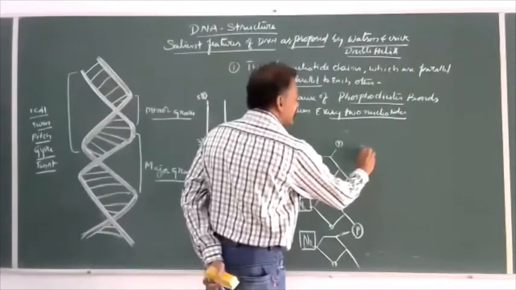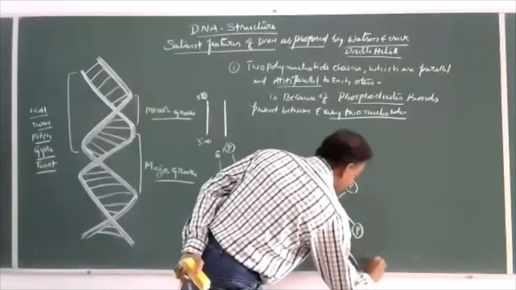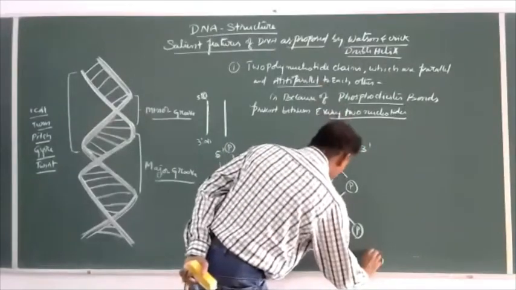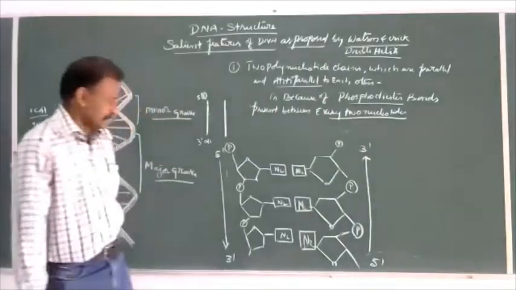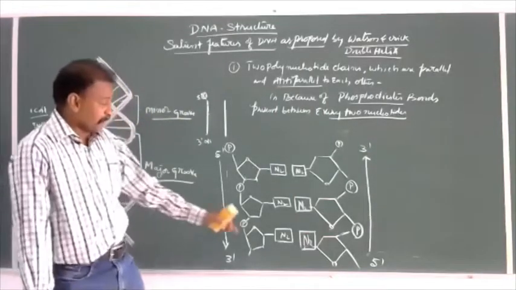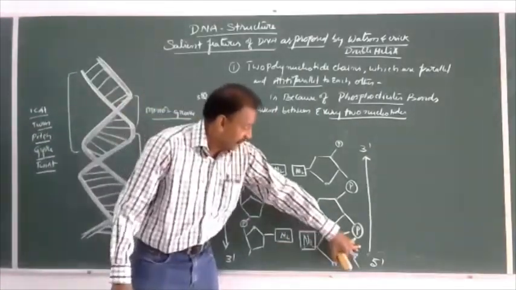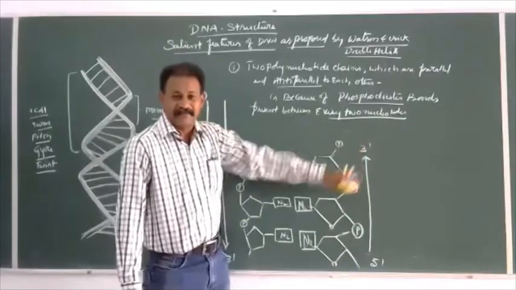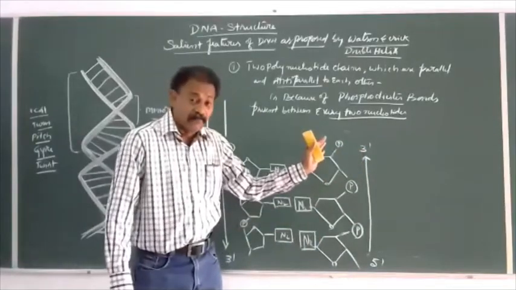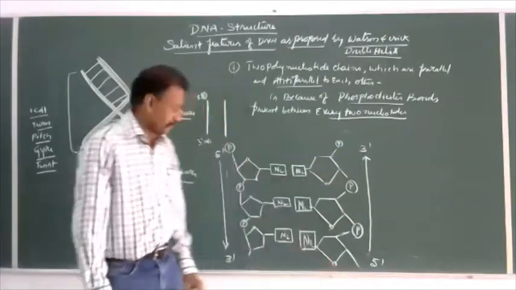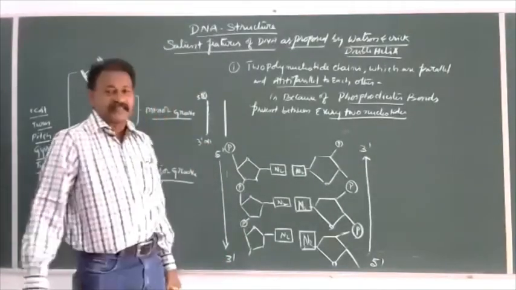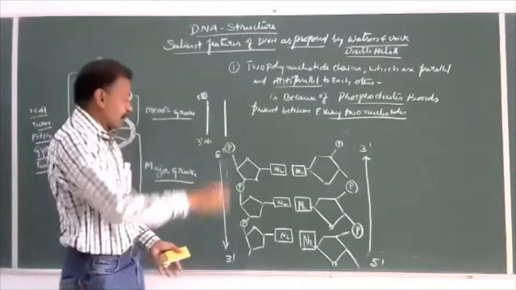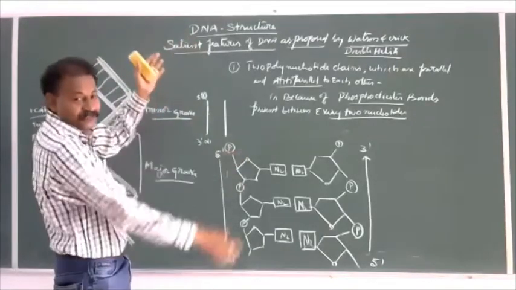So the polarity of this strand is 5' to 3' based upon phosphodiester bond formation. Here the polarity is the opposite direction. One moves in this direction, one moves in the other direction.